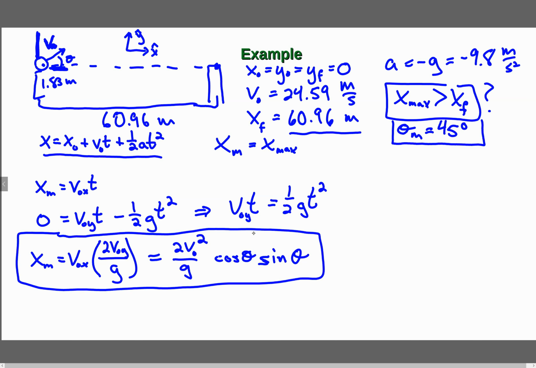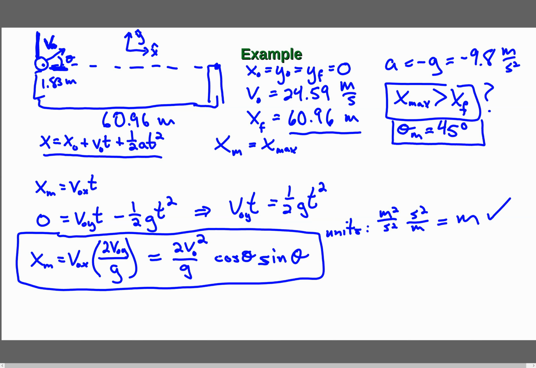So first, let's check units on our answer. We have meters per second, and that was squared on top. And then on the bottom, we had meters per second squared. Okay? And cosine and sine don't have any real units. So this equals meters, which is what xm should be.